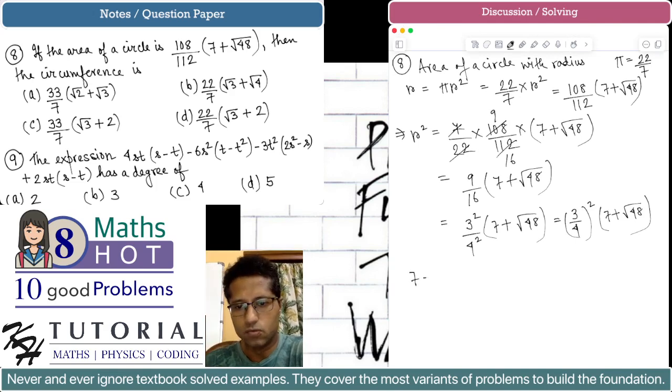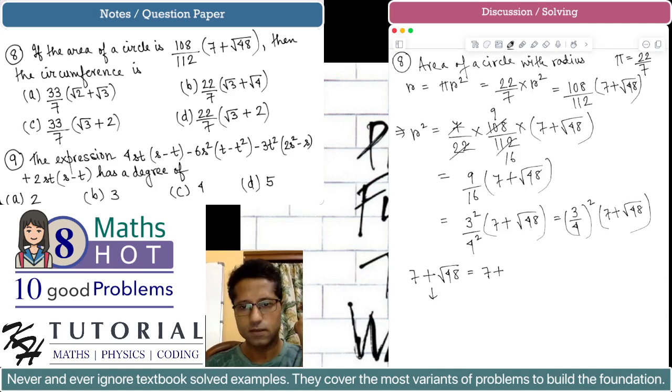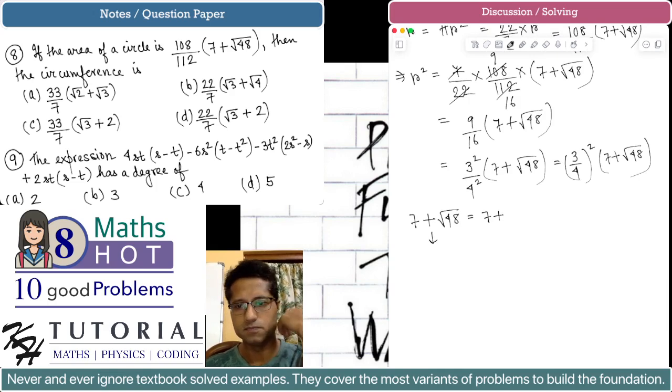So let's see what we can do with 7 plus square root of 48. We can think that this can be expressed as some a plus b whole square, which is a square plus b square plus twice ab. If we can somehow find a and b such that a plus b whole square is equal to 7 plus square root of 48, then a square plus b square plus twice ab must match.